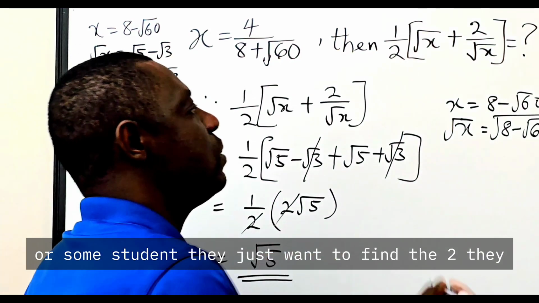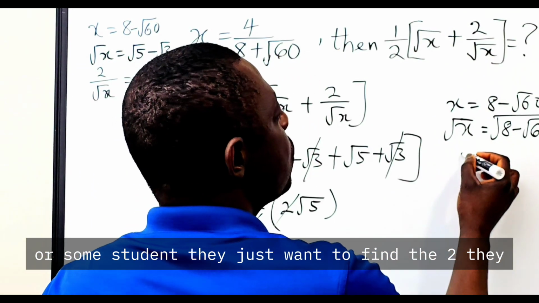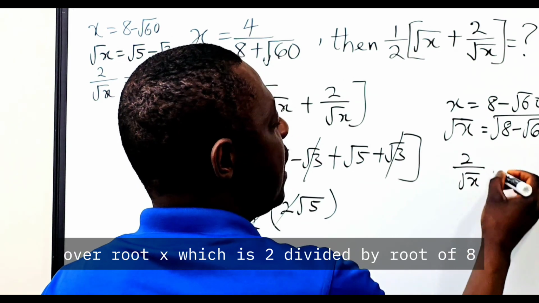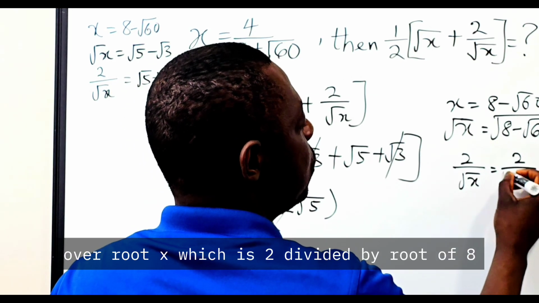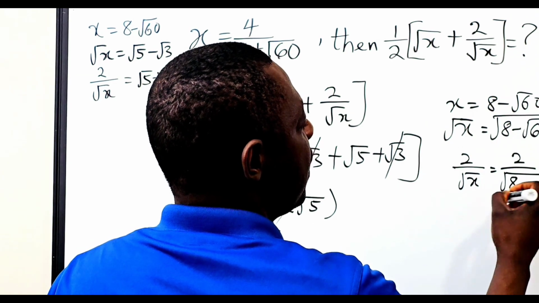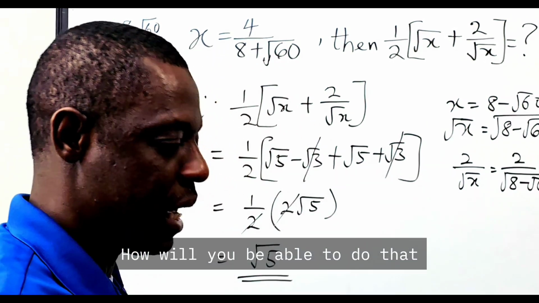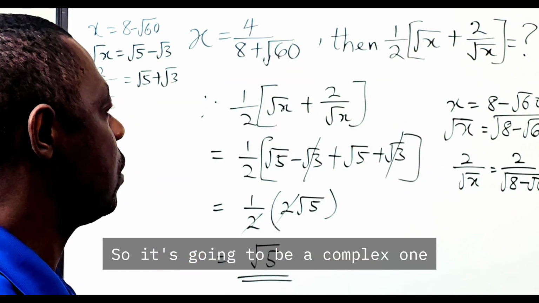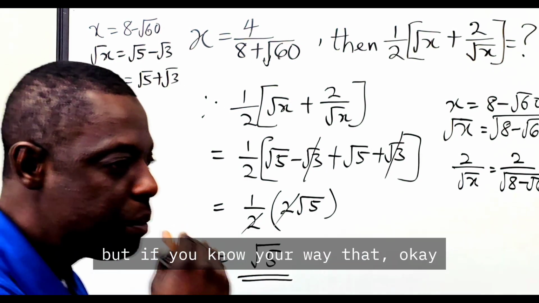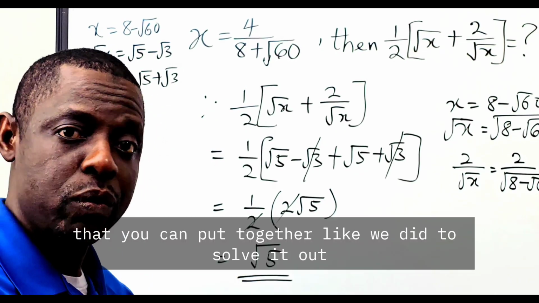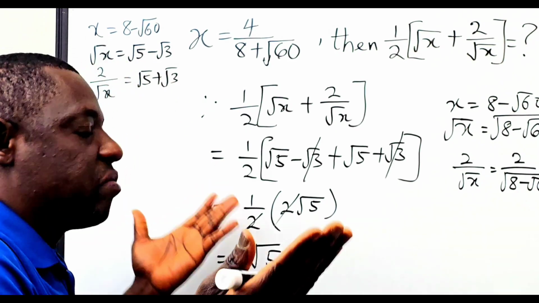Or some students just want to find 2 over root x, which is 2 divided by the root of 8 minus root 60. How will you be able to do that? It's going to be a complex one. But if you know your way, you take it step by step, and you know 1 or 2 formulas that you can put together, like we did, to solve it out. That's it.